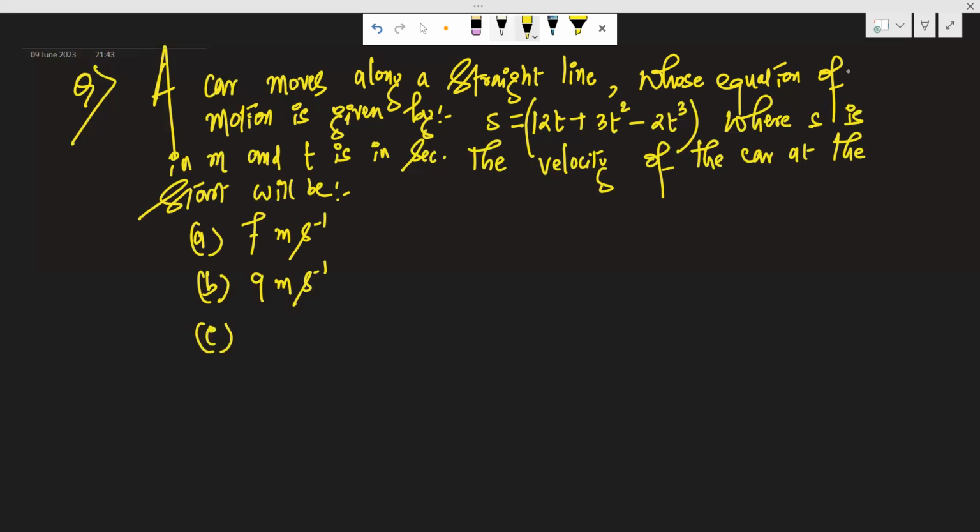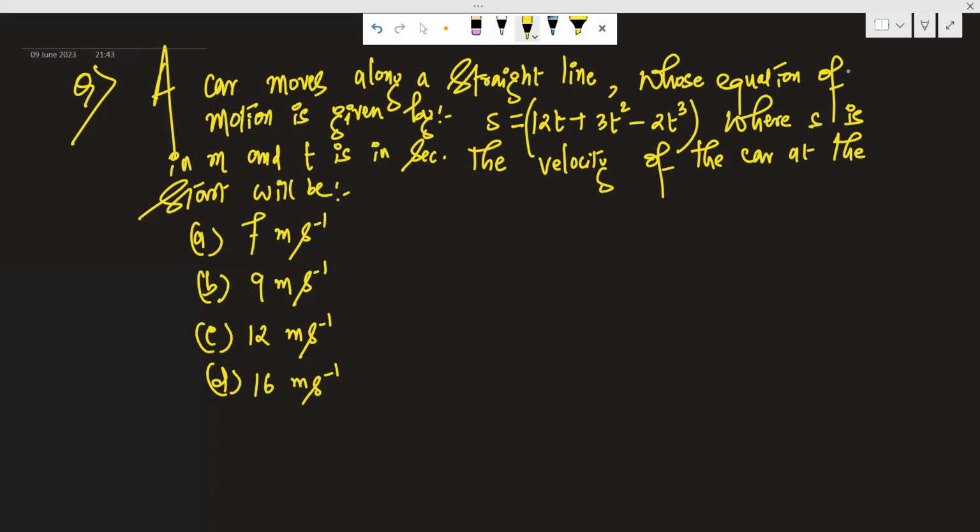Starting moment, which point of time do we take it as? Initial. Which value will be considered? The moment that we start our timer, what is that moment taken as? Not 1. 0. The moment we start the timer, that moment is 0.